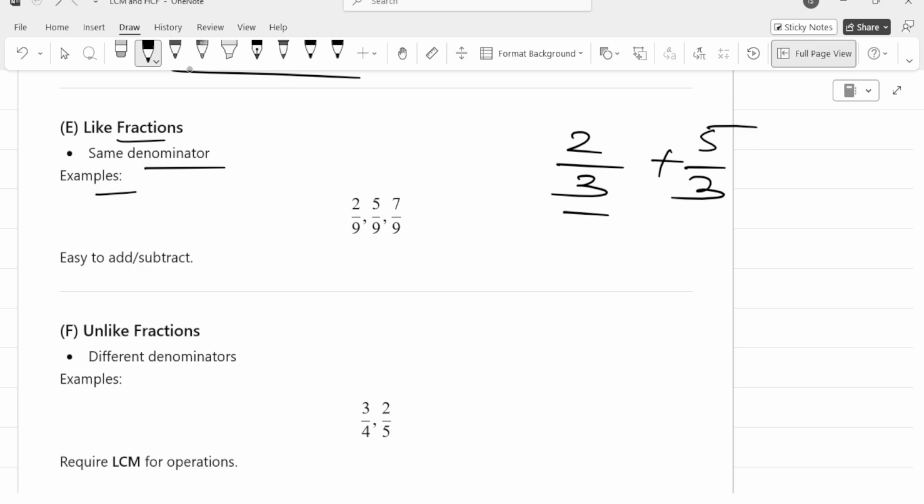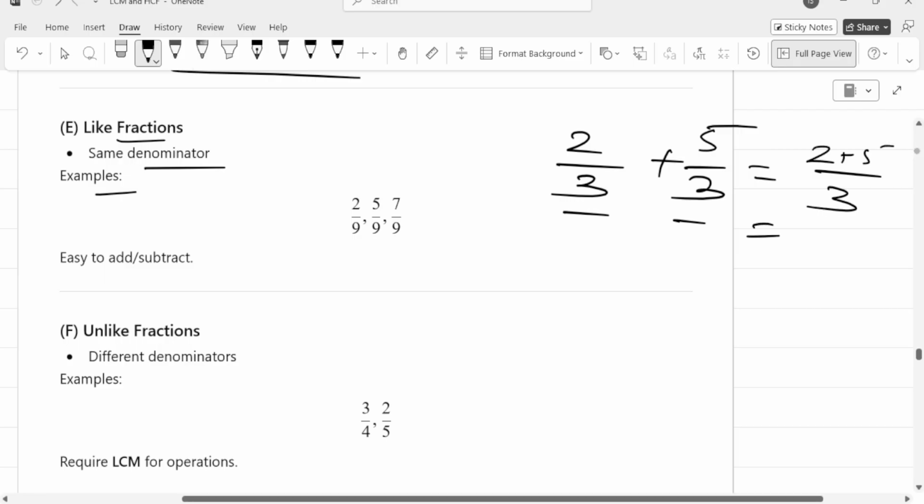If the denominator is the same, we can easily solve: the base 3 is the same, then 2 plus 5 is equal to 7 upon 3. That is how we use like fractions, where the denominator is the same, it is easy to add and subtract.